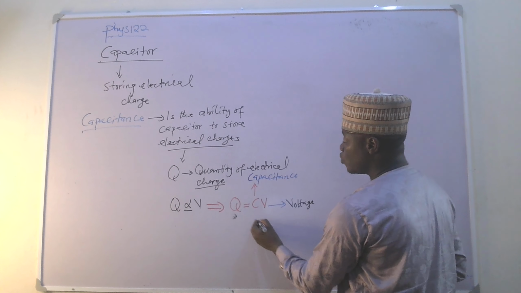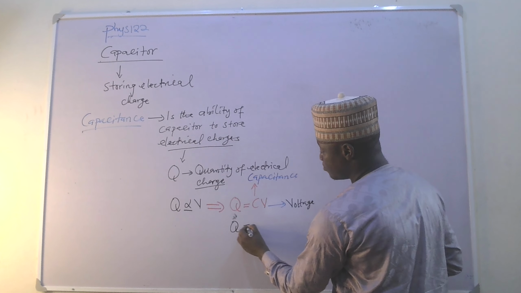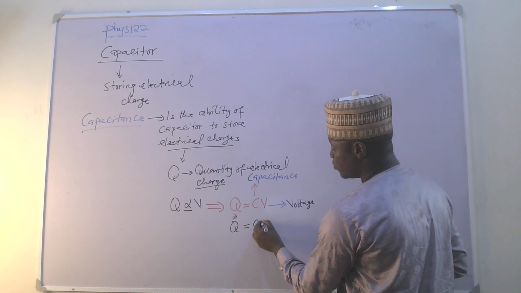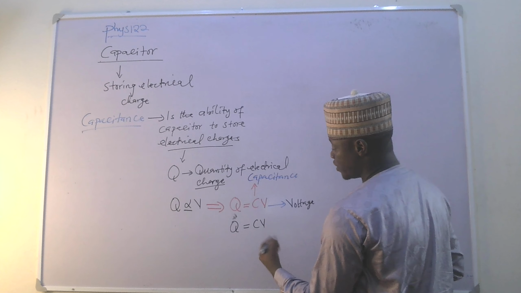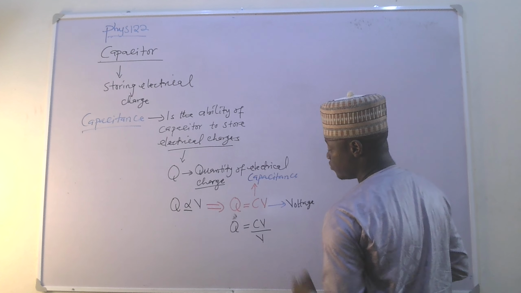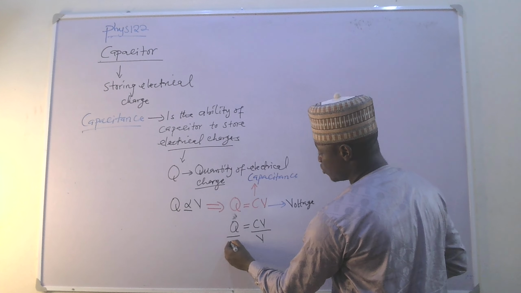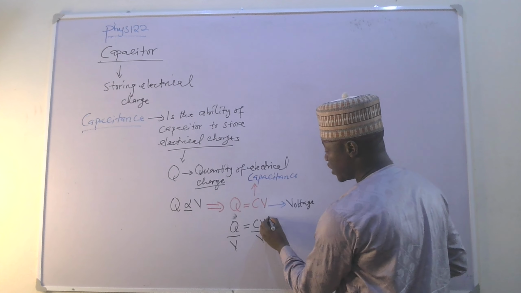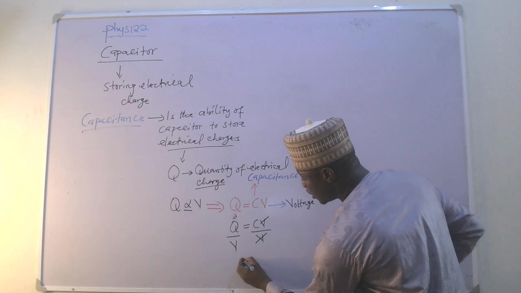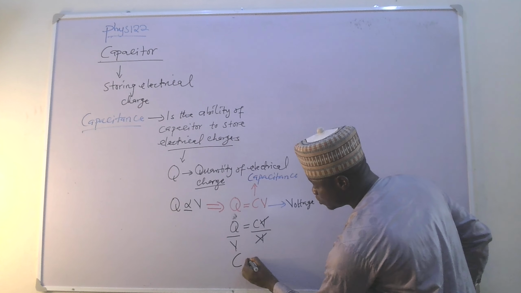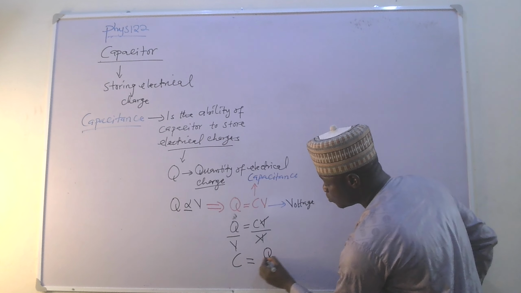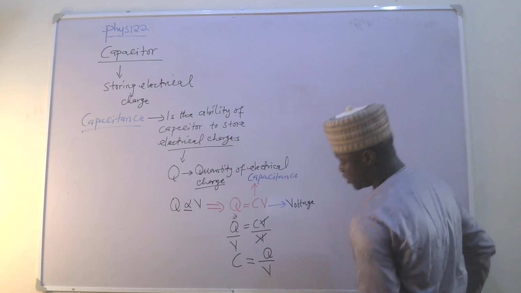From here, we can make C the subject of the formula. We have Q = CV, so we divide through by V, and the V cancels, and at the end we have C = Q/V.